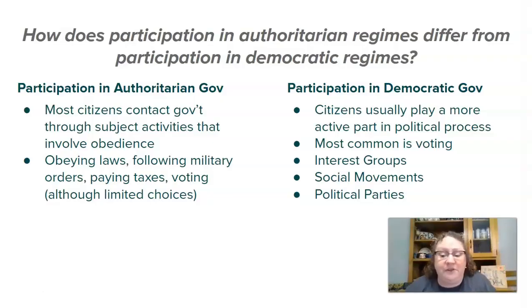What does political participation look like? Because they do have political participation in an authoritarian regime, but it definitely looks different. The vast majority of citizens in any country participate by voting, okay? So voting is how people often participate in any regime.